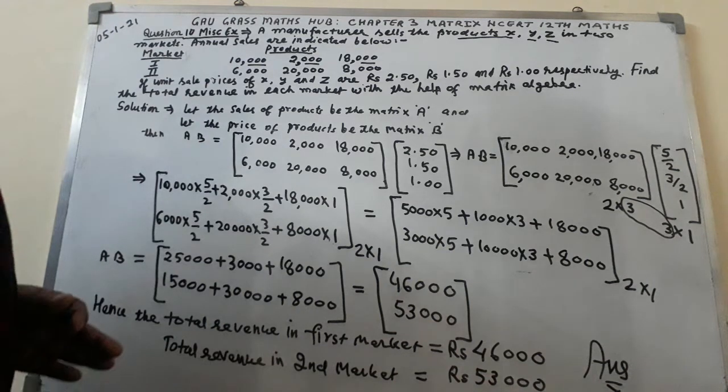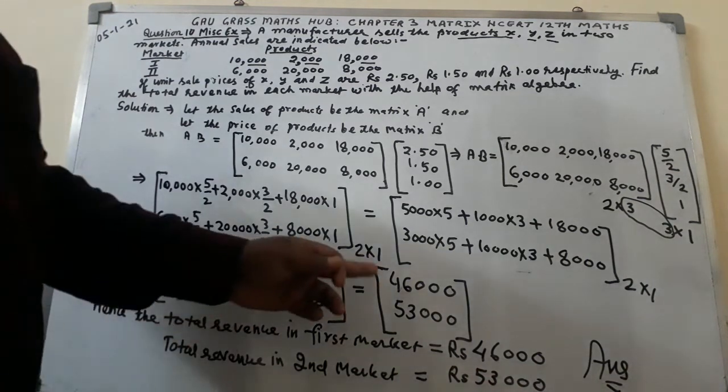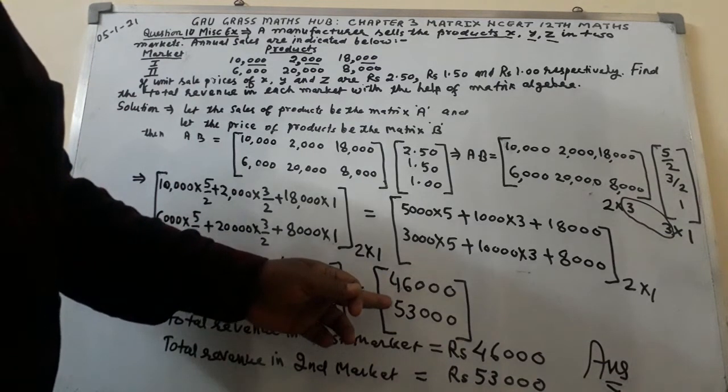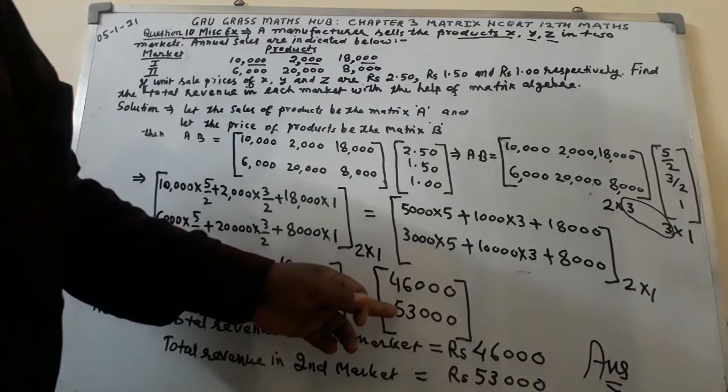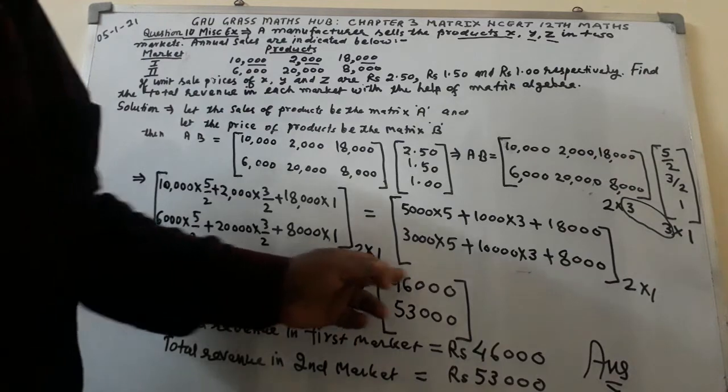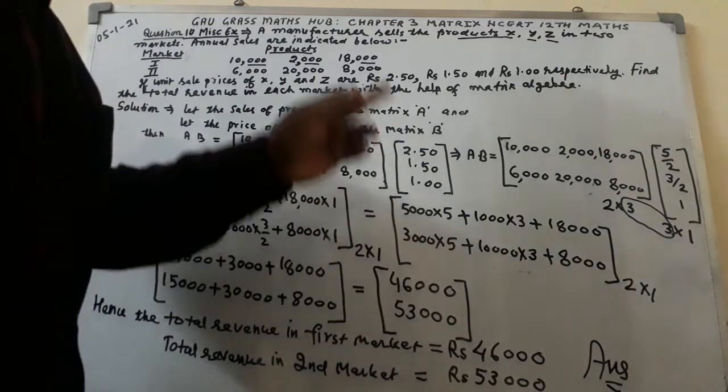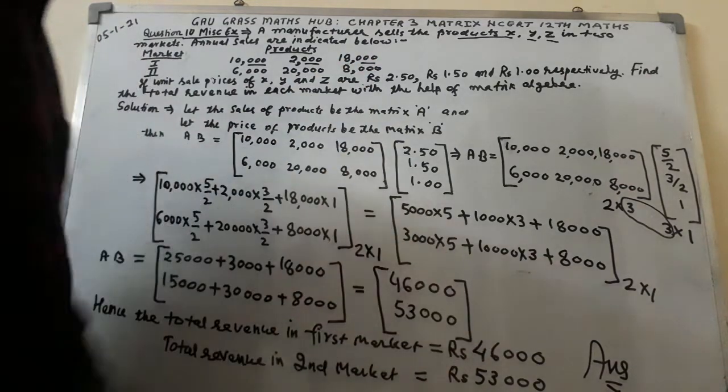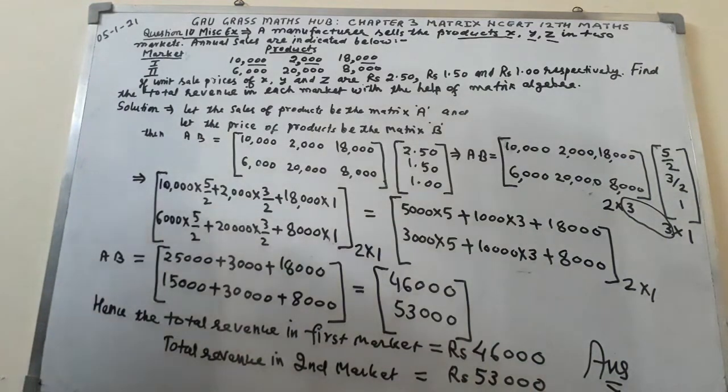Here you can see the total number of rows is two, first row and second row, but the column is only one. This is the correct procedure I have adopted to solve question number 10. In this way, this question has been solved.